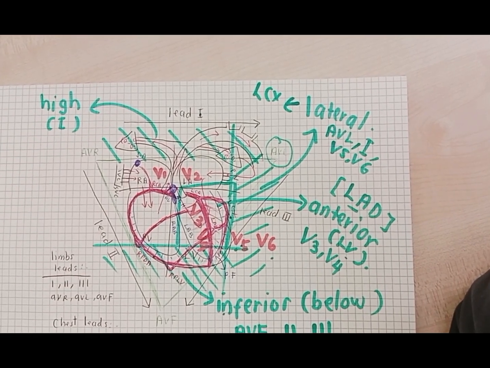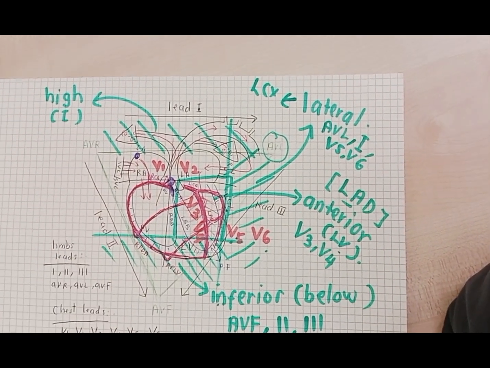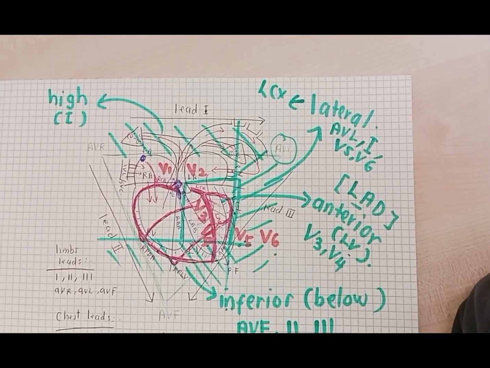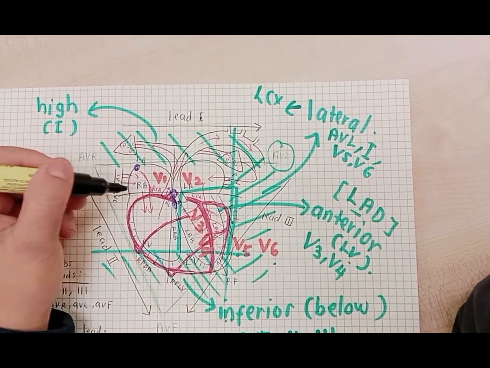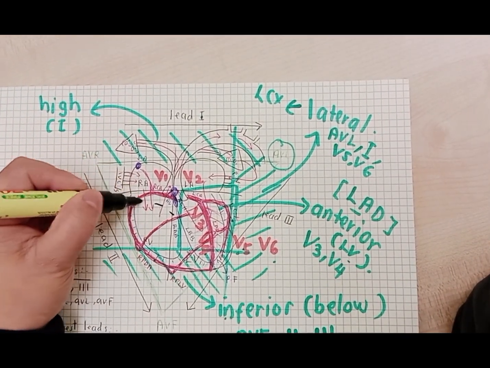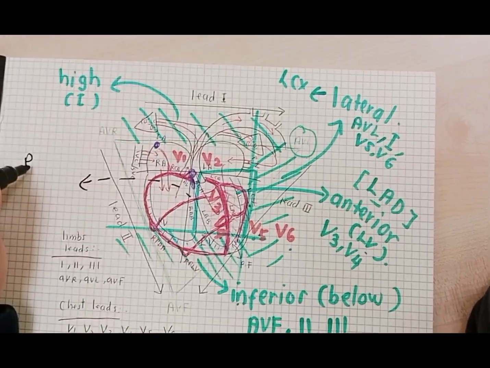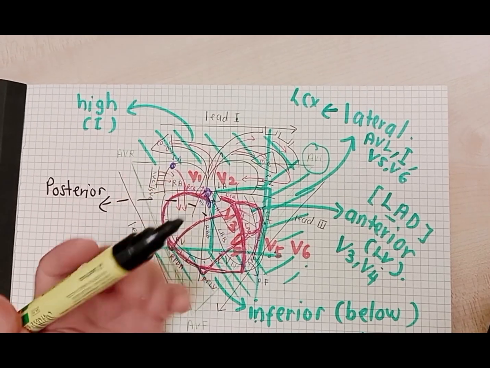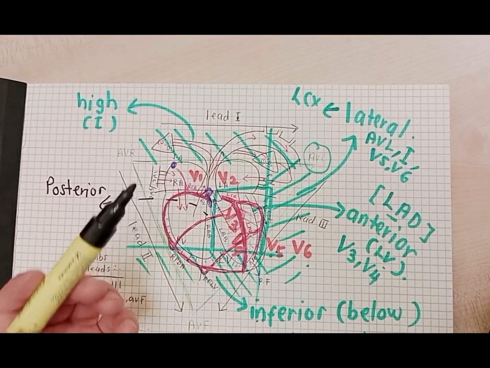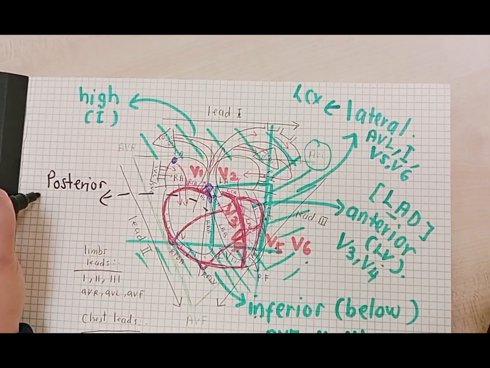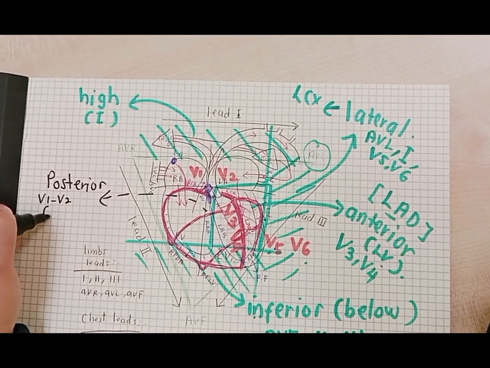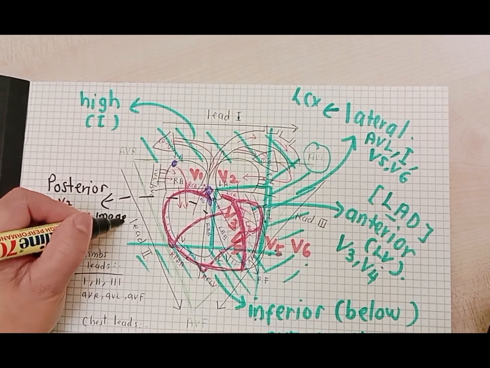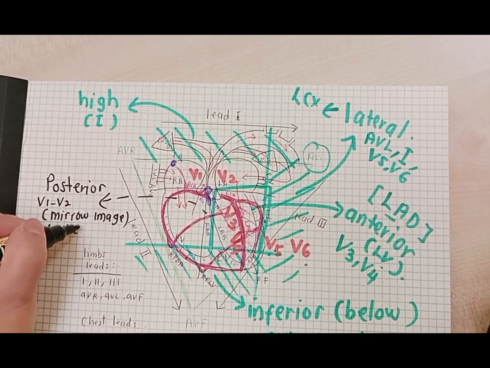So now, which artery supplies the posterior part? Here at the back is the posterior. From the front of the 12-lead standard ECG, we can see V1 and V2 as a mirror image of the posterior.